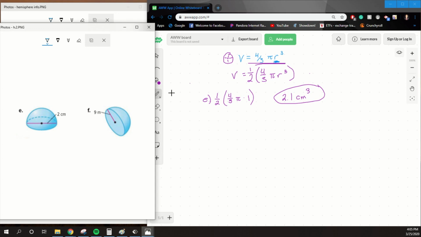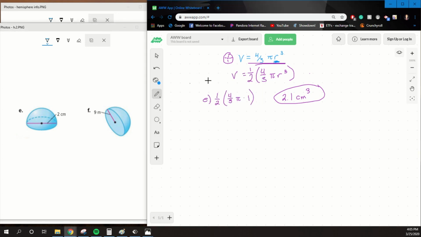Now for F. Let's do this color. F. Alright, so now we have the radius of 9. So let's do 1/2 times 4/3 pi times 9 cubed.